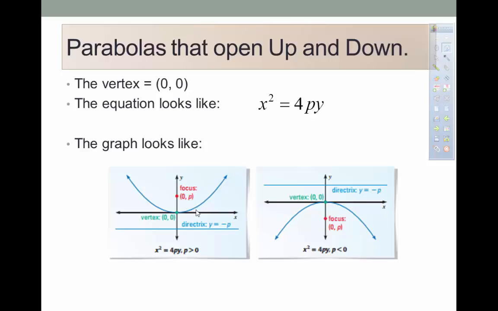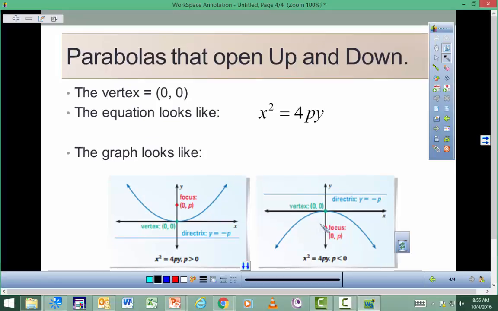But notice that we have the focus point is (0, p), directrix is at negative p. Okay, so whatever this distance is, remember, the distance to the focus is equal to the distance to the directrix, always, no matter where you're at. So if you go out to here, this distance is equal to this distance.